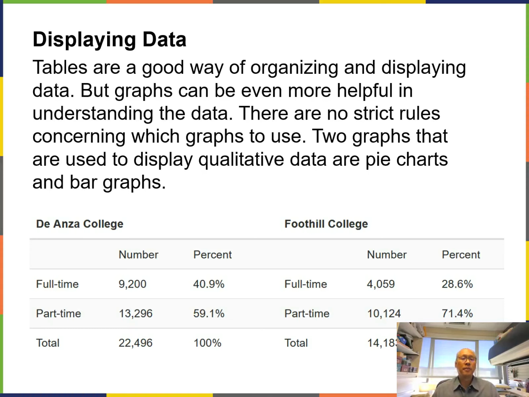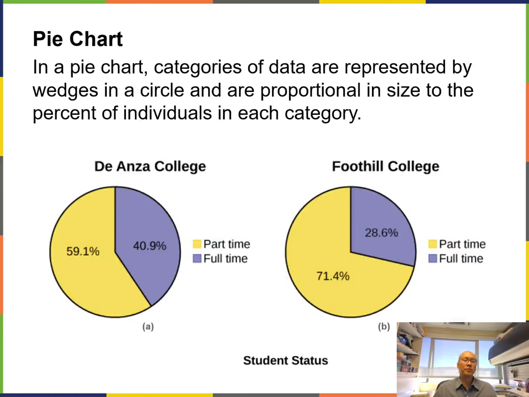And so if you're comparing these numbers especially, it might be better if we look at it from a graphical point of view. One way to graph something that is made up of 100% would be a pie chart. If we take a look at a pie chart, we can see the breakdown between the part-time and full-time.